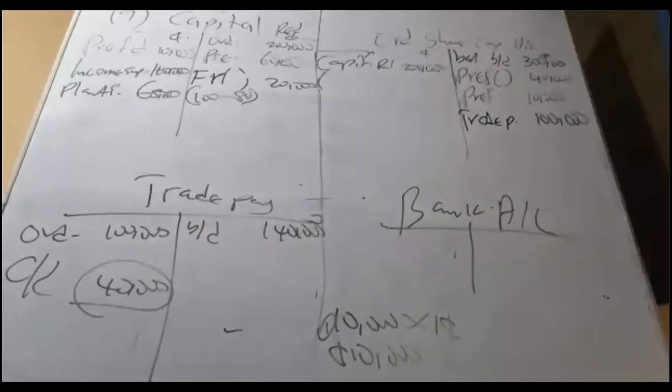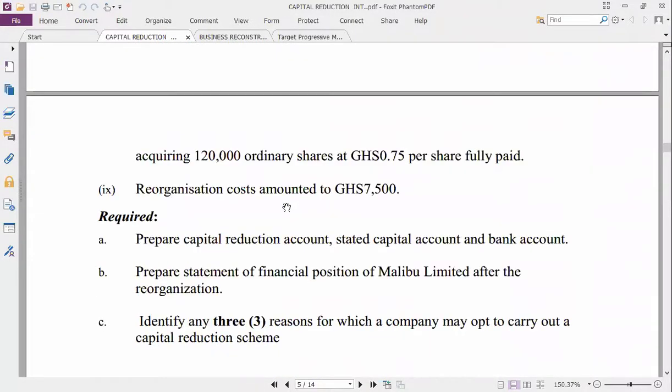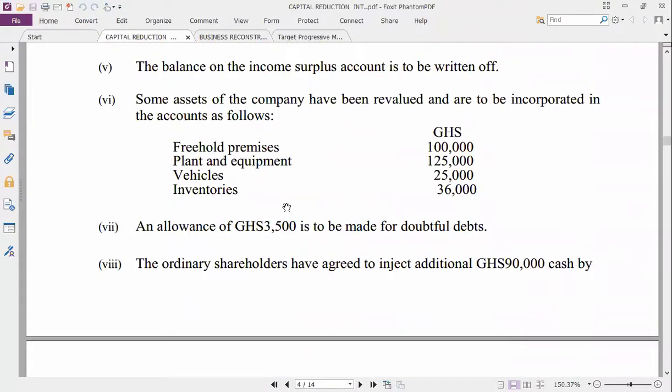Okay, so the next on the list will be, okay, the next one is vehicles.